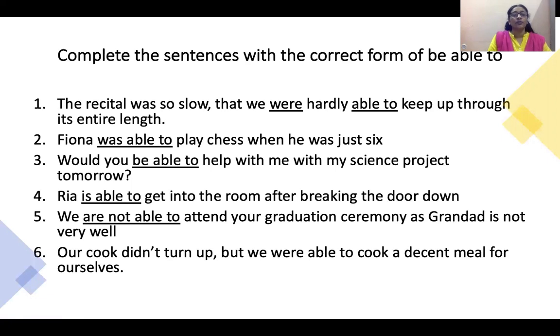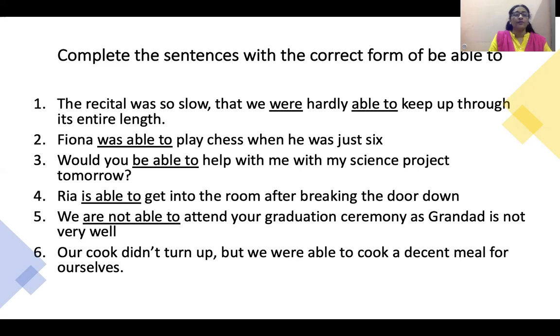Third one, would you blank help me with my science project tomorrow? Answer is, would you be able to help me with my science project tomorrow? Number 4, Ria blank get into the room after breaking the door down. You have to fill was able to.